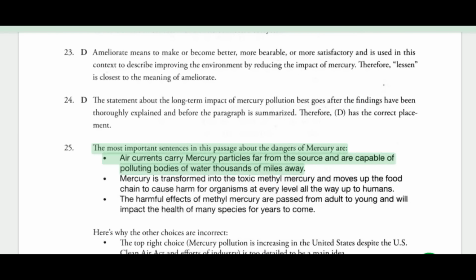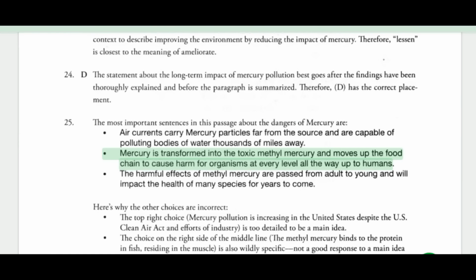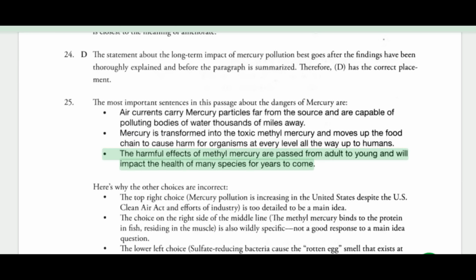25. The most important sentences in this passage about the dangers of mercury are: air currents carry mercury particles far from the source and are capable of polluting bodies of water thousands of miles away. Mercury is transformed into the toxic methyl mercury and moves up the food chain to cause harm for organisms at every level all the way up to humans. The harmful effects of methyl mercury are passed from adult to young and will impact the health of many species for years to come.